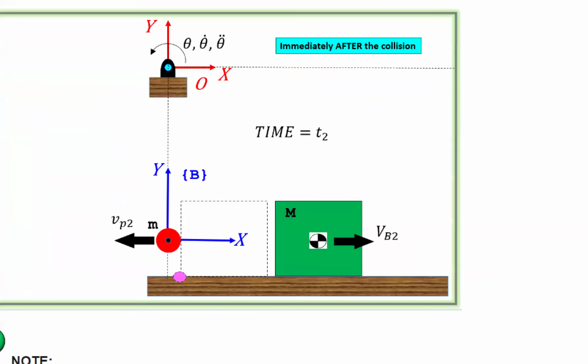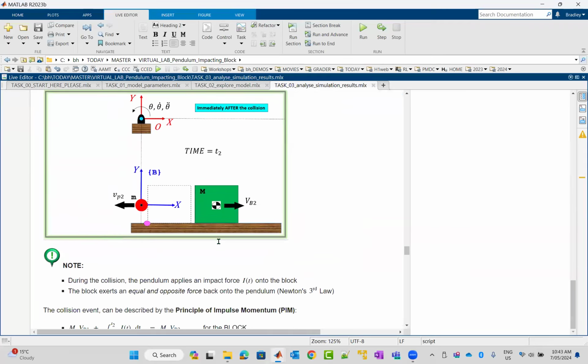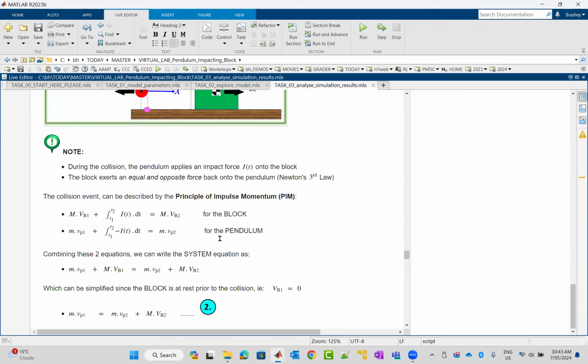For this instant in time, we'd really like to know what the departing pendulum velocity was and what the departing green brick velocity was. Can we figure out what those two quantities are? One way of going about answering that is to use the principle of impulse and momentum.